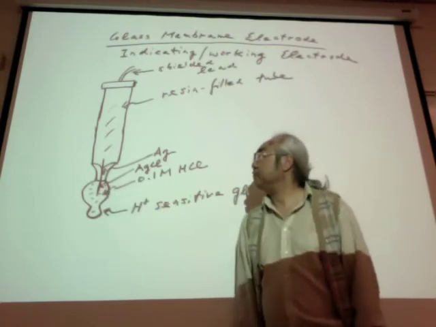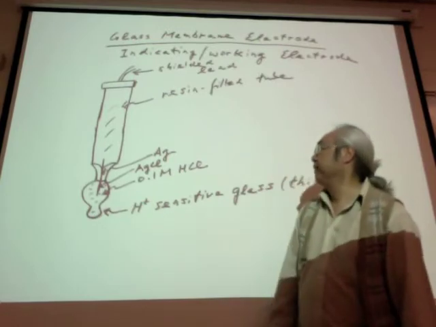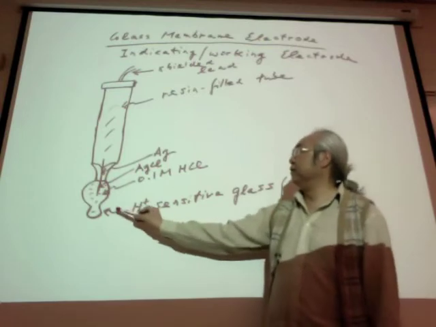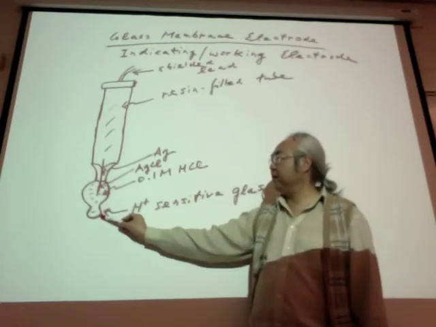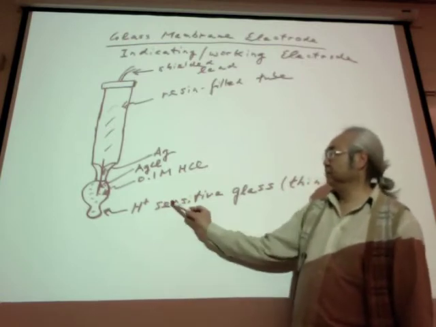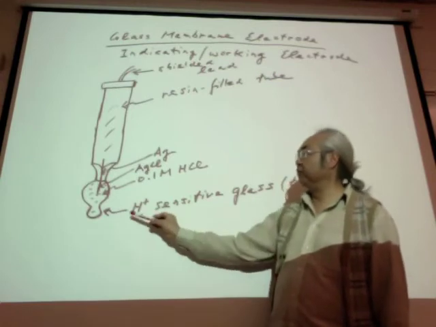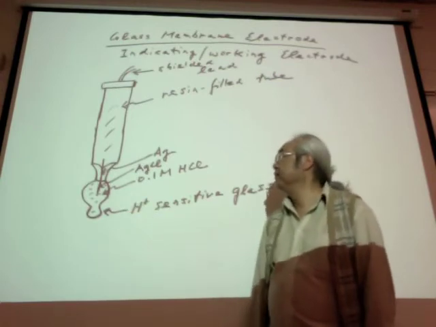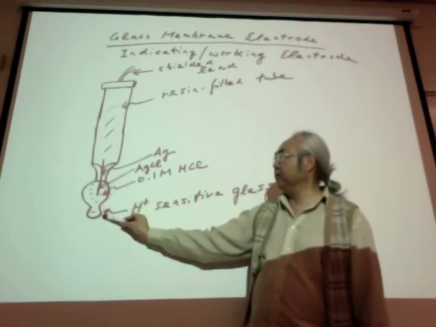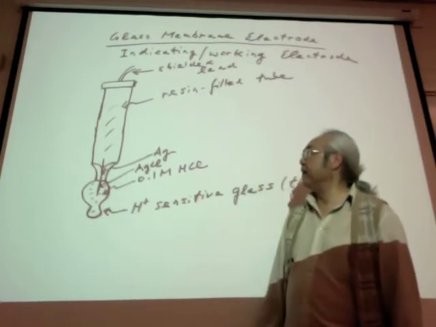Then the glass composition is going to be proton sensitive. This is a key thing. It is the glass composition that gives an affinity for the proton. The proton is H+, so the cations line up along the glass membrane.